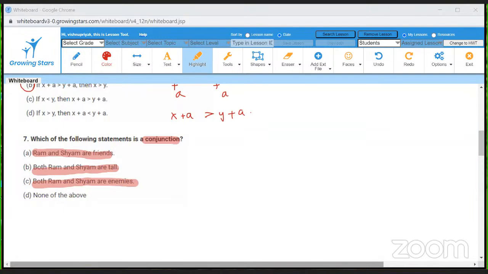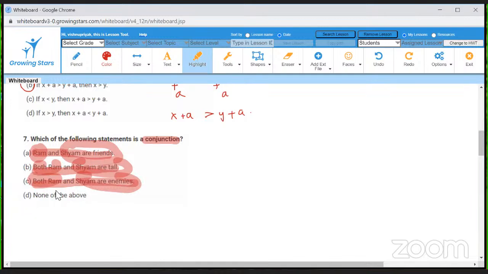When a word connects two statements, we call it a conjunction, but none of them is connected by "and". I can't say "Ram" is one statement and "Shyam are friends" is another statement. I can't say "both Ram" is one statement and "Shyam are tall" is another.